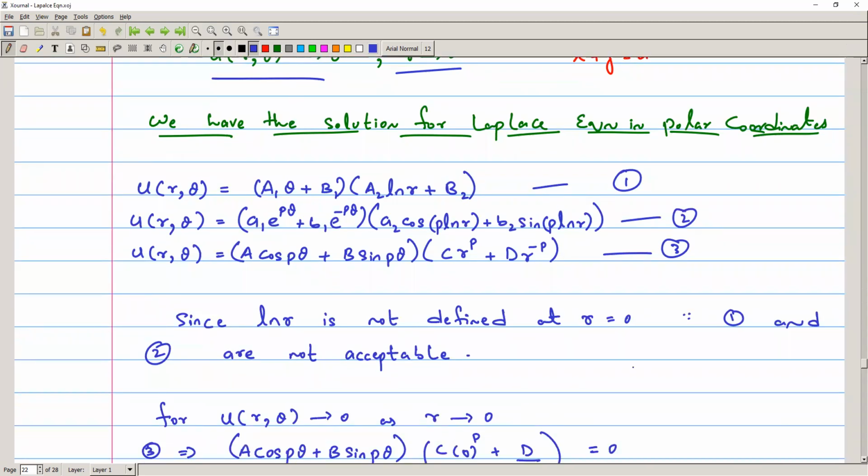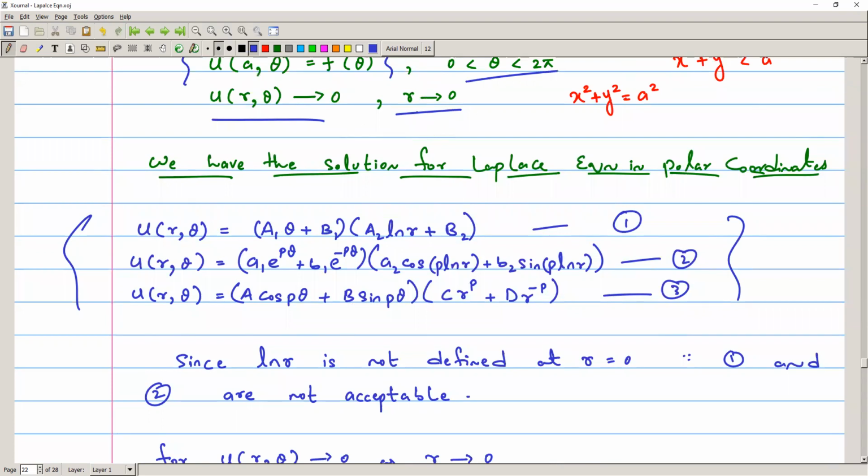So now we have the solutions for the Laplace equation for three particular cases: lambda equals 0, lambda greater than 0, and lambda less than 0. So now we can see that from this problem, it's given that r tends to 0 here. So when we plug in r equal to 0 here, this will be undefined, so we will have an unbounded solution.